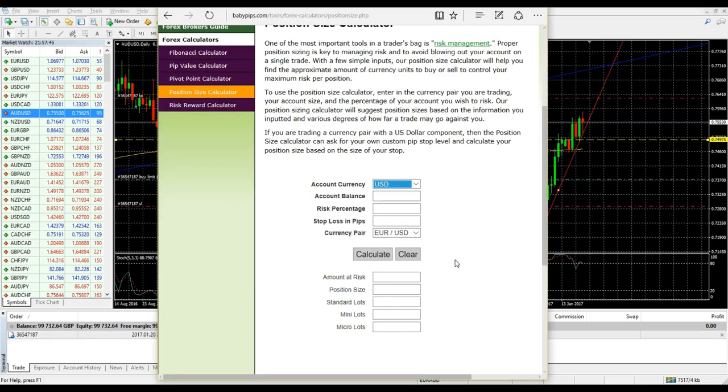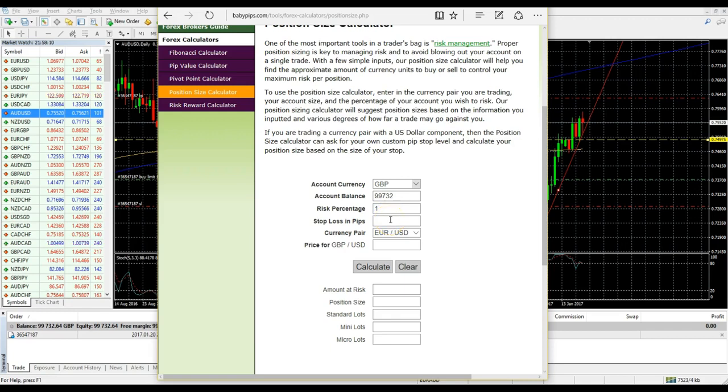So in the position size calculator window, we just enter the variables we already know. We know our account is in sterling, as we can see in the balance. Our account balance in this case is 99,732. Our risk percentage is 1%.